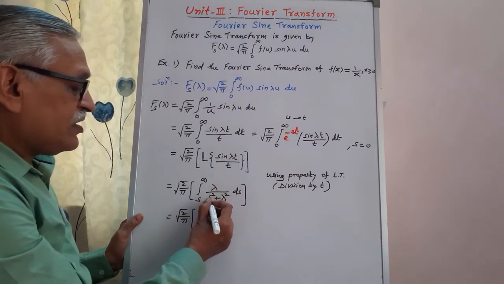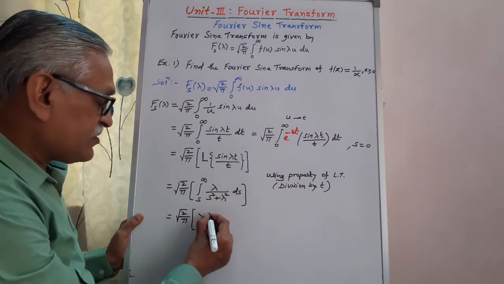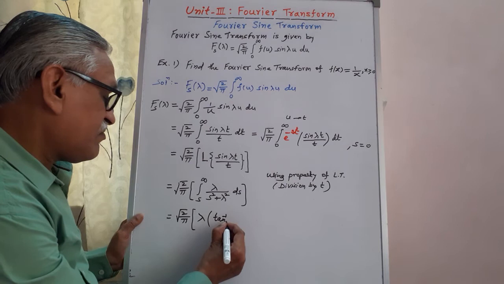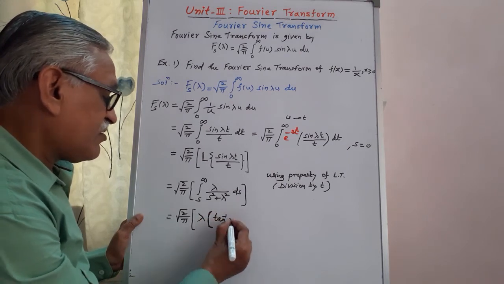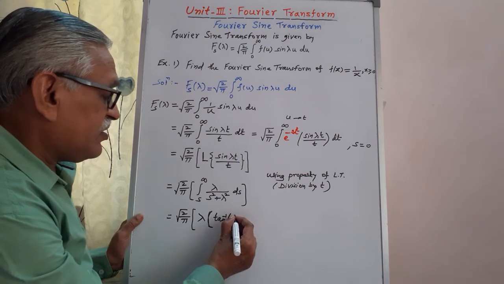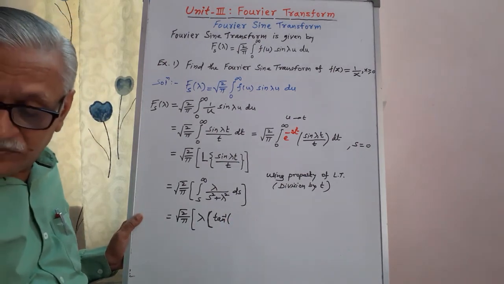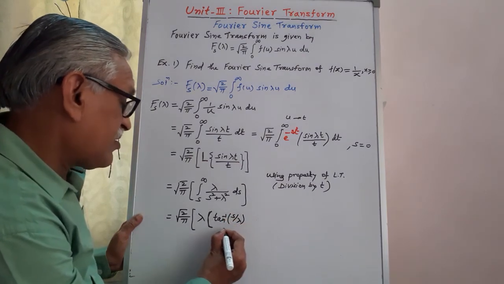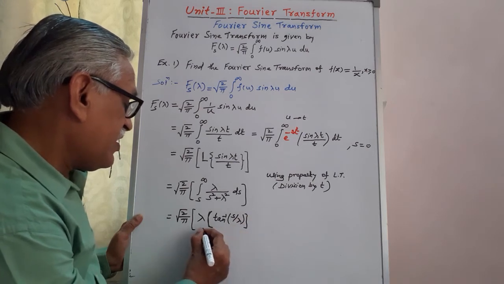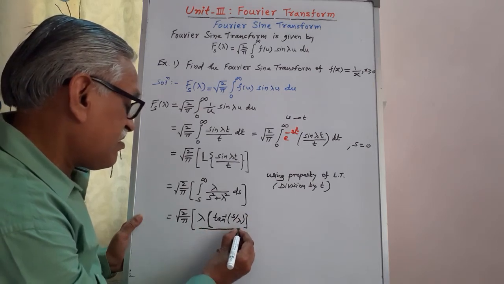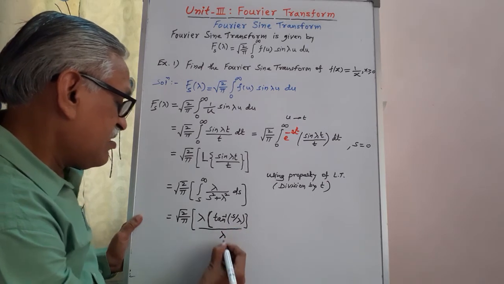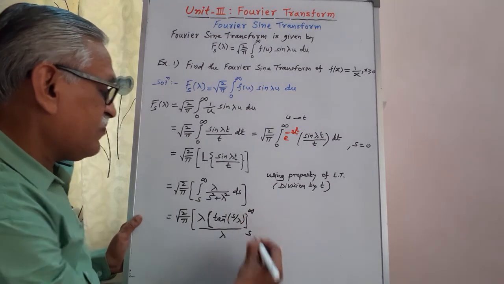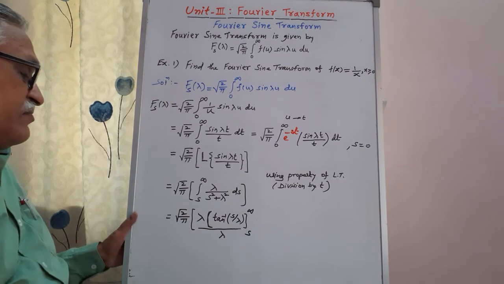Integration of 1 upon x square plus a square is tan inverse of x by a divided by a; here, with respect to s, it is tan inverse of s by lambda divided by lambda, and limits from s to infinity. This lambda gets cancelled.